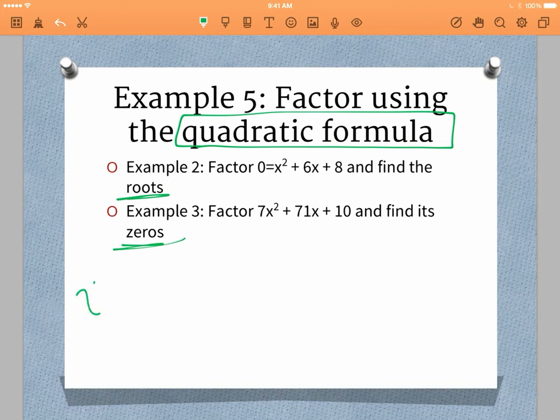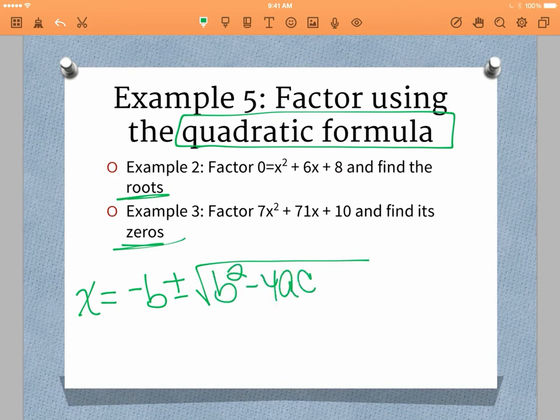So remember, our quadratic formula is x is equal to negative b plus or minus the square root of b squared minus 4ac all over 2a. I recommend that if you have a hard time factoring when a is greater than 1, when the coefficient is bigger than 1, like in example 3, use the quadratic formula because it's going to give you your roots, which is what your goal is anyway.